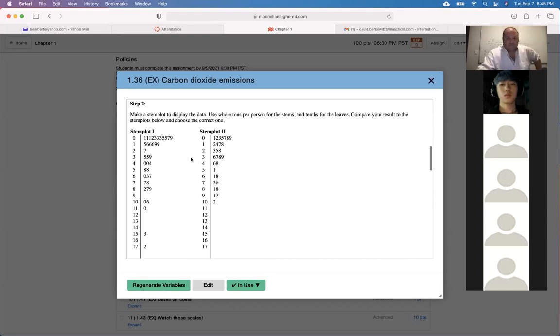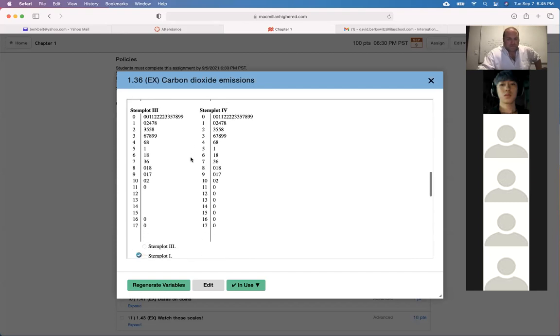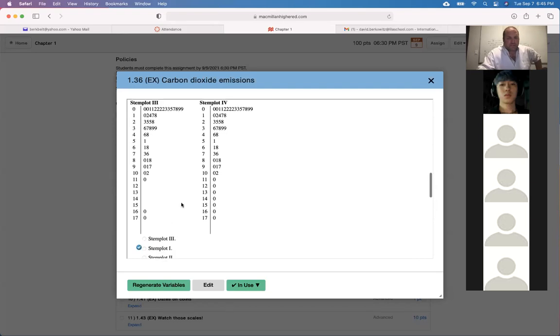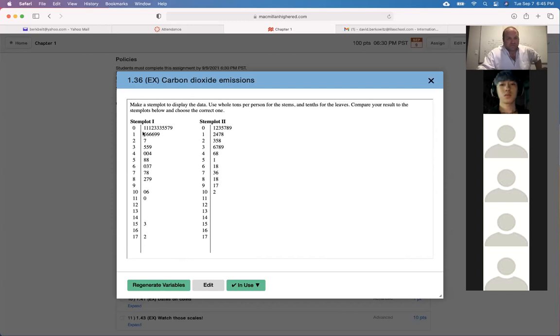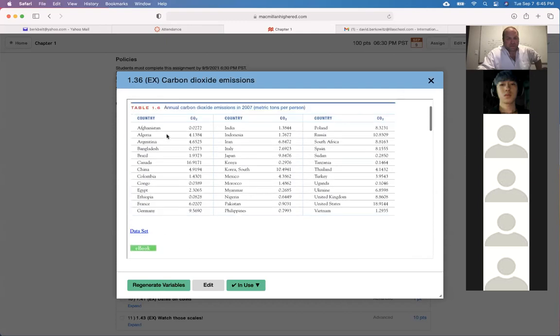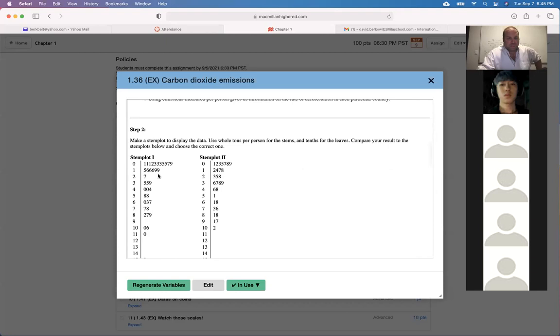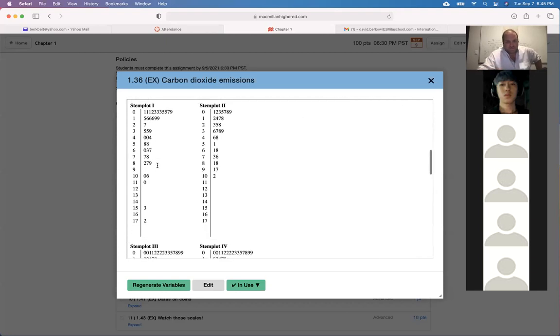There was like 40 something, and the 20th wasn't the middle one. That's why I was confused. Yeah, that's fine. You're going to find a lot of mistakes in this program, which is why I don't like using it. But they say stem plot 1, and right off the bat, this 0.0 is not located in stem plot 1.